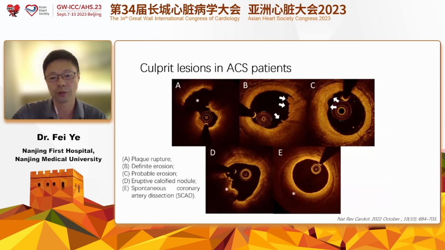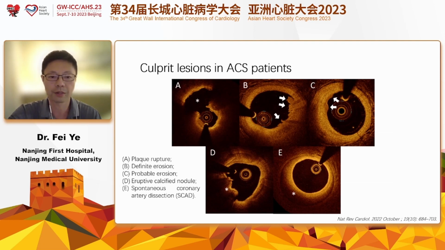And now in 2022, there is another paper published showing that for ACS patients, the culprit lesion has five characteristics. One is plaque rupture, which means the fibrous cap is discontinued with a cavity formation. Another is OCT definite erosion or OCT probable erosion with intact or discontinued cap.